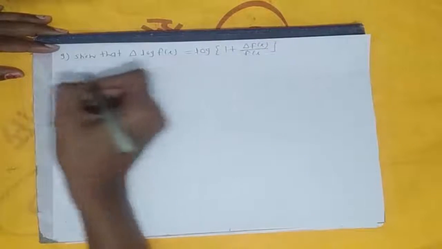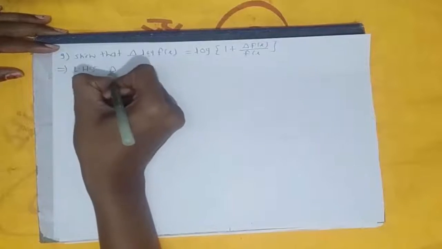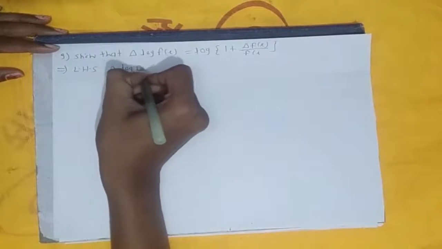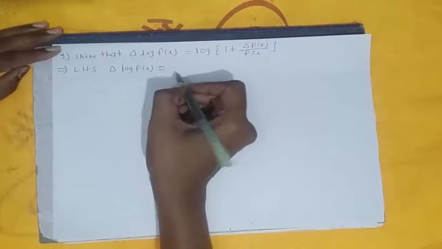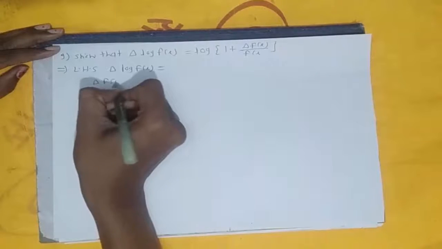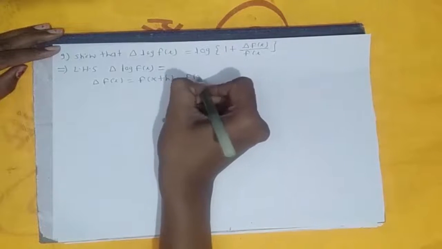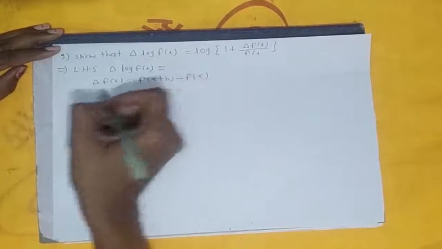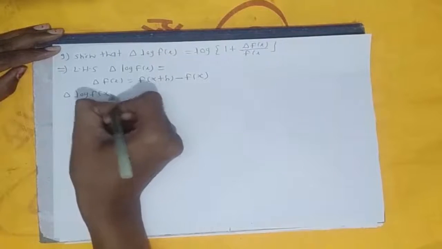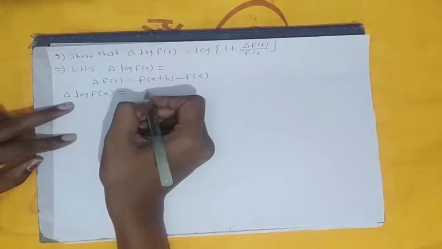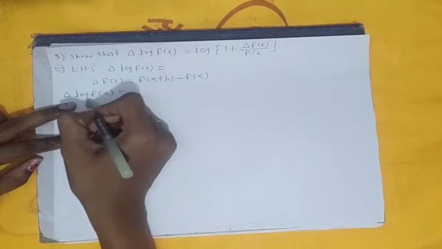f of x. Okay. So if we consider here again the LHS, that is delta log of f of x, then again by using the definition of delta, we know that delta f of x is f of x plus h minus f of x. So by using this definition, we can find delta log of f of x is equal to, we get here, instead of f of x, we have the given function log of f of x.